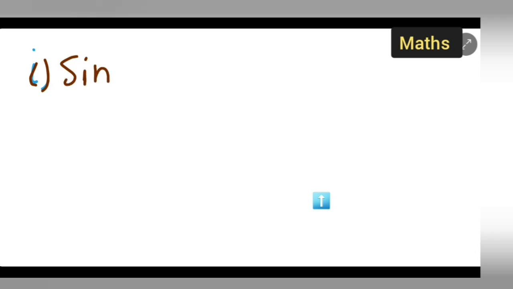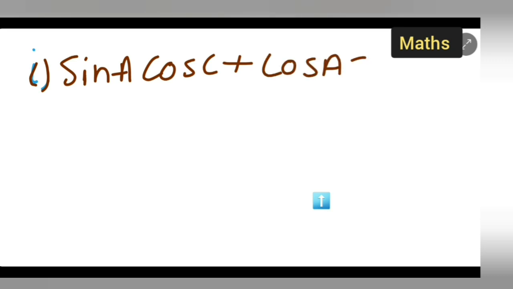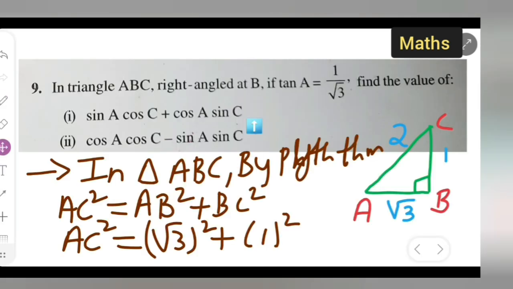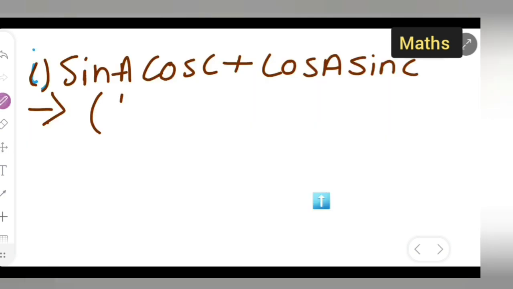So let us find out the first part, that is sin A cos C plus cos A sin C. Now what is sin A? Opposite of A upon hypotenuse will be 1 upon 2. So write down 1 upon 2.